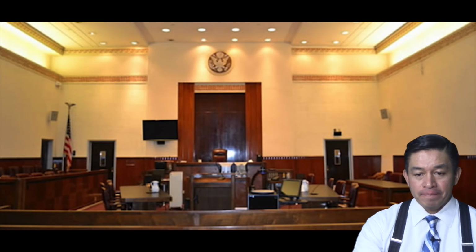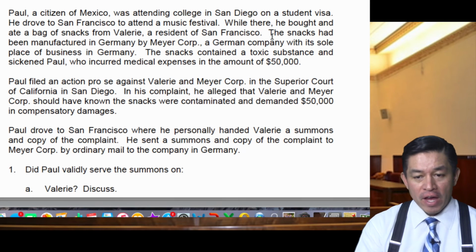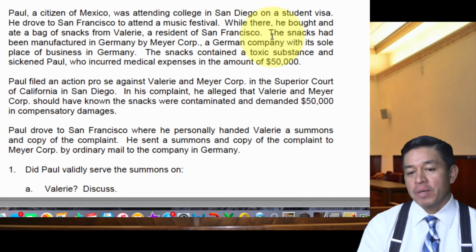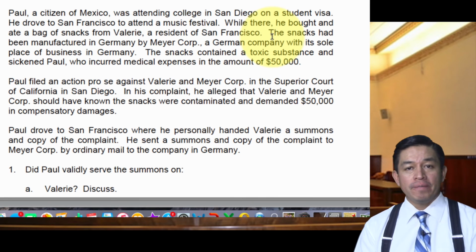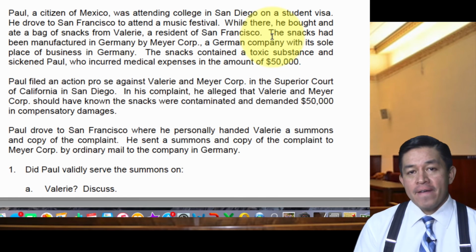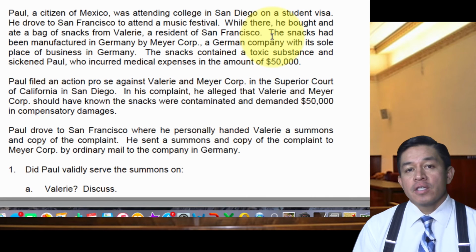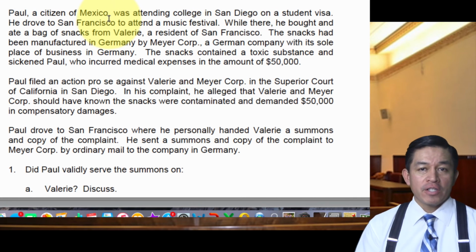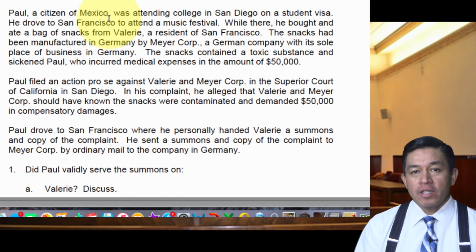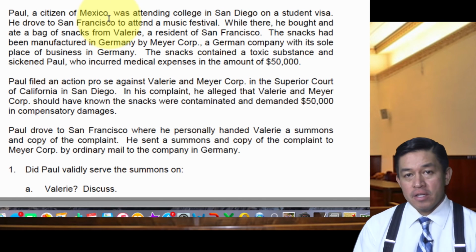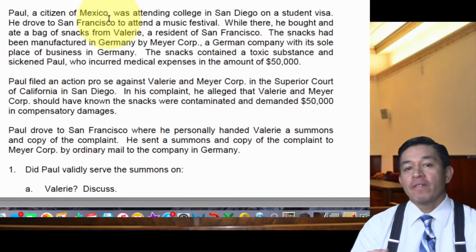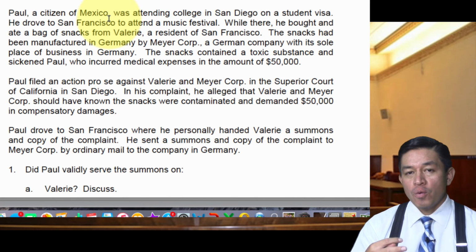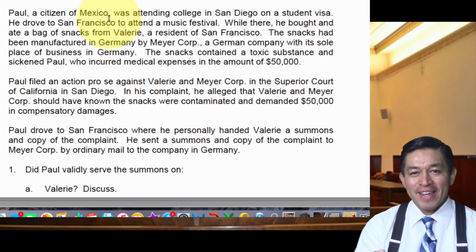So now let's see. We have Valerie, who seems to be a citizen of California because she's a resident of San Francisco. And the other party is Paul, who is a citizen of Mexico. And of course, there's Mayer, who's out in Germany. So it seems like all the parties here, not just the defendant and the plaintiff, are from different states. So you would have complete diversity there.